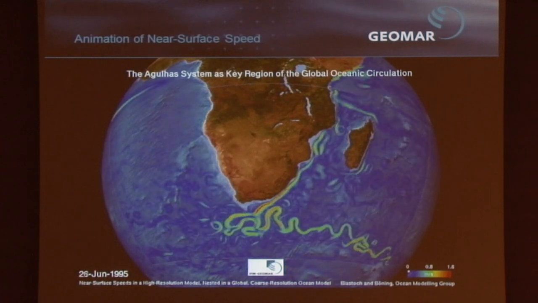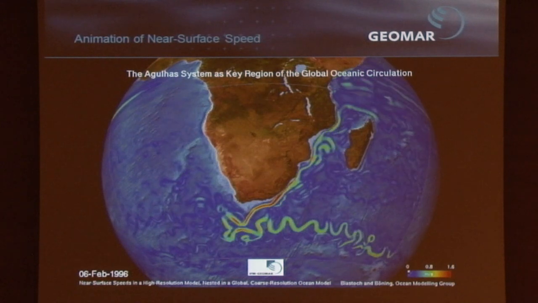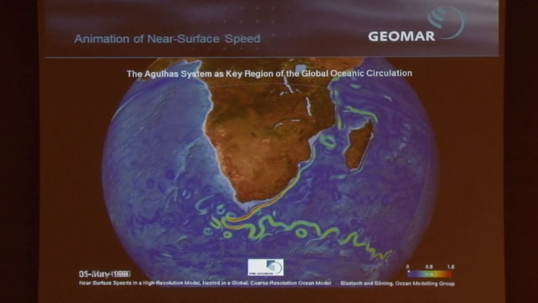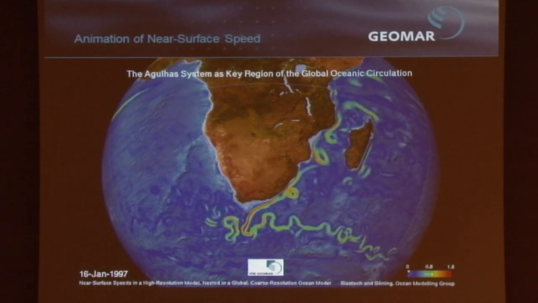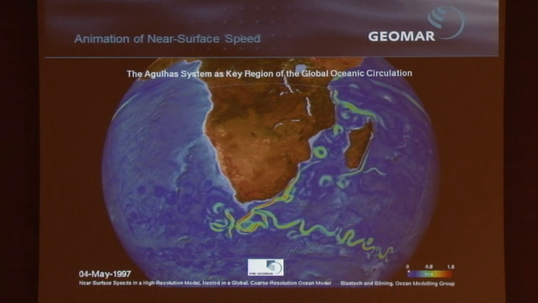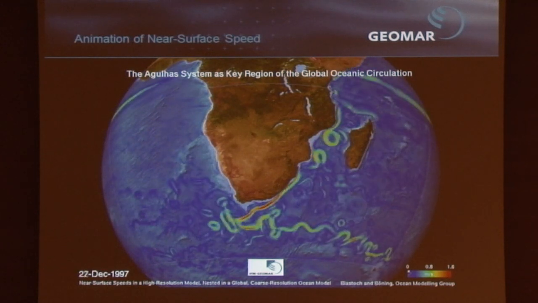So this is just a quick, sketchy movie that is of course no proof that our model does well. Of course, we did several verifications. It rather shows you that all the important variabilities are in place.